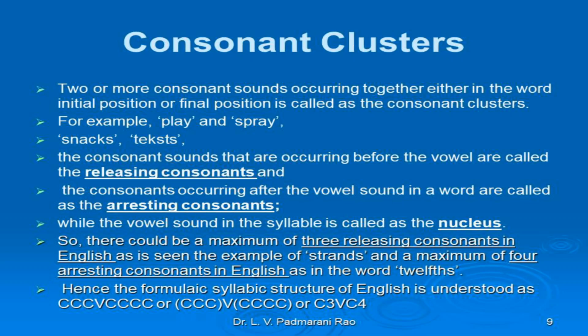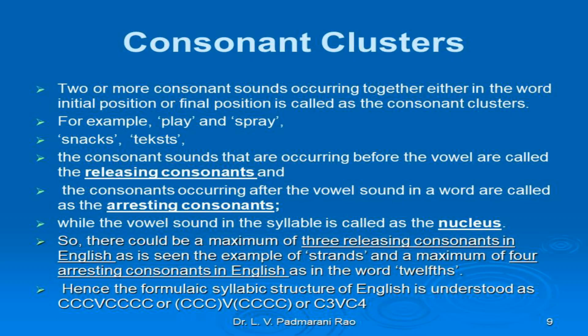Even if a single vowel sound is there, still the syllable can exist, as we have seen in the example of air or eye, or the personal pronoun I, where you have the syllable represented by only one vowel sound. If required to form any number of words, the vowel sound, which is the obligatory element in a syllable, can be preceded by the releasing consonants, and the maximum number of releasing consonants that you can have is 3.